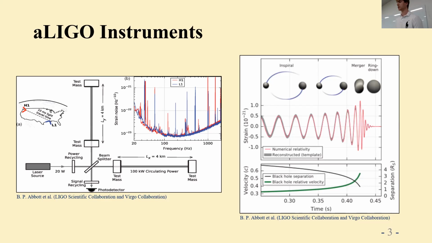And then there's the merger, and then there's the ringdown, where the now singular object essentially oscillates in a decaying fashion. This produces a waveform characterized by a chirp signal that we can see.